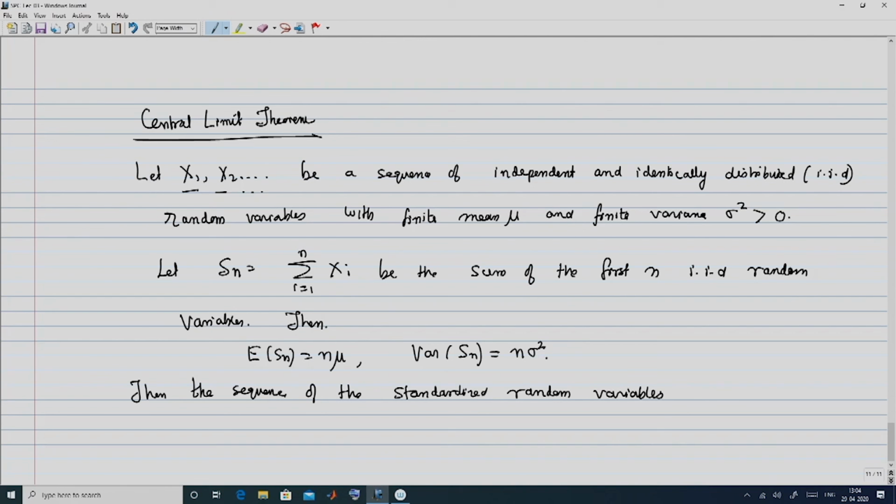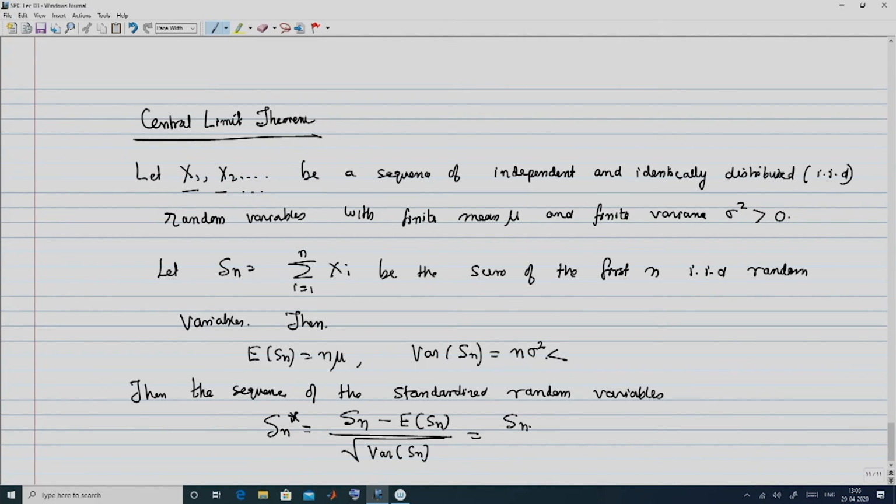Here I am using the standardized concept similar to the one you have done for the normal distribution. I will call this Sn star to indicate that this is standardized. This is going to be the original random variable Sn minus the mean, that is the expected value of Sn, divided by the standard deviation, that is the square root of variance of Sn. What is this going to be?